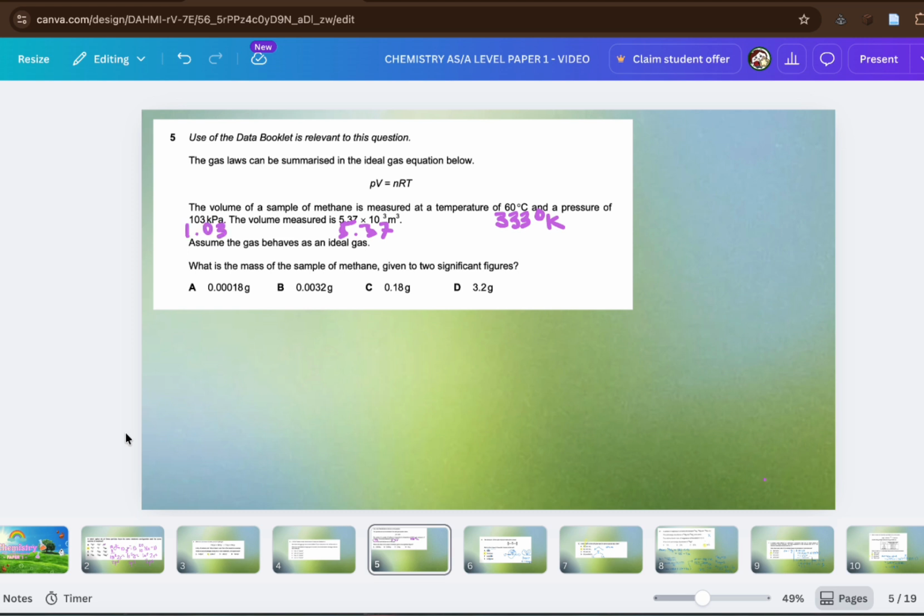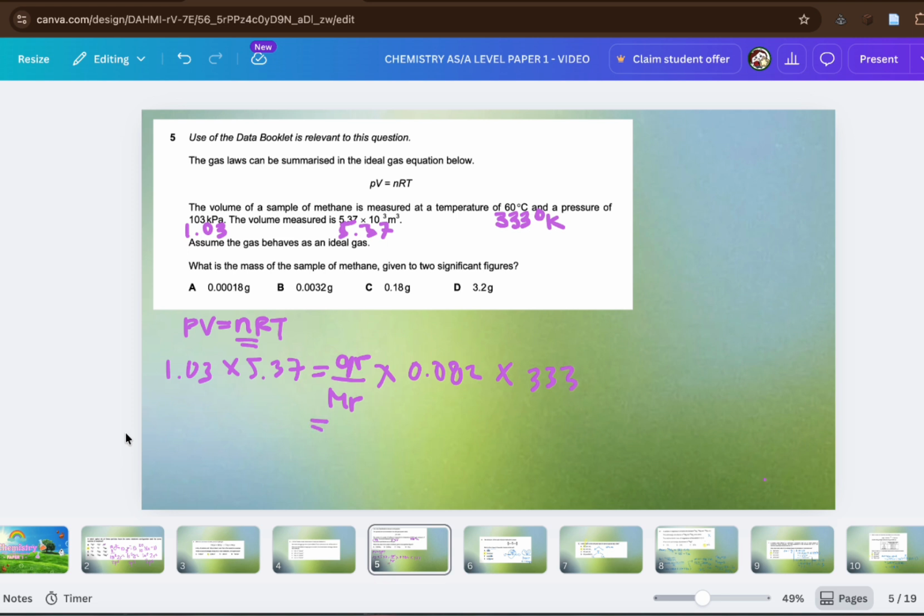Right, now that we converted all of that, we'll just have to put it in the ideal gas equation. PV equals nRT. The pressure is 1.03 ATM multiplied by 5.37 equals the equation for mole, which is mass over molecular mass, multiplied by the constant 0.082 and the temperature.